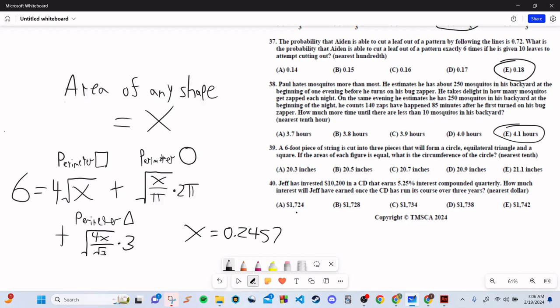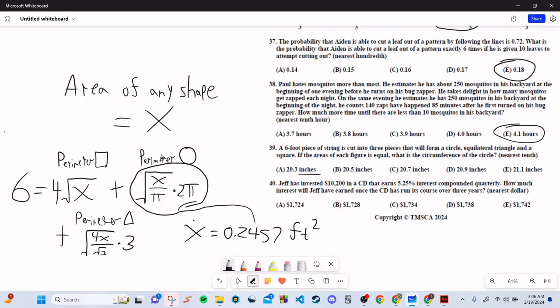And of course I want to know what the circumference of the circle is. Also, important thing to know is this is in square feet. Okay, so I want to know what the circumference of the circle is in inches, right? So I'm just going to plug this into this expression, which gets me the circumference of the circle.